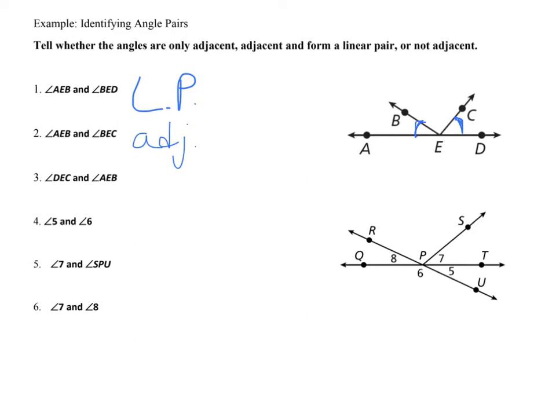Angle AEB has rays EA and EB, where angle DEC has rays EC and ED. They do not share any rays. So these are not adjacent.